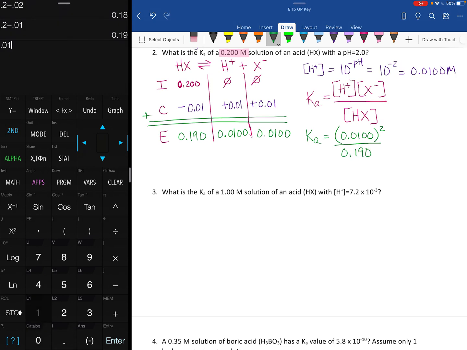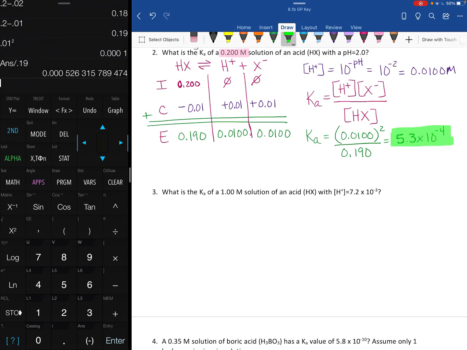So 0.01 squared, and then I'm going to divide that by 0.19, and I get this little number here, and so we get 5.3 times 10 to the negative, let's see, 1, 2, 3, 4, to the negative fourth, if I want to write that in scientific notation. Okay, so there is our answer for this problem.